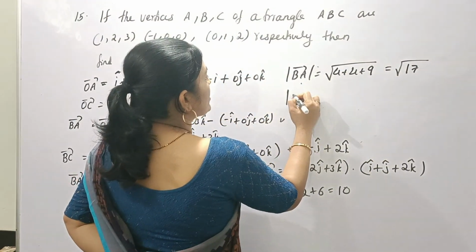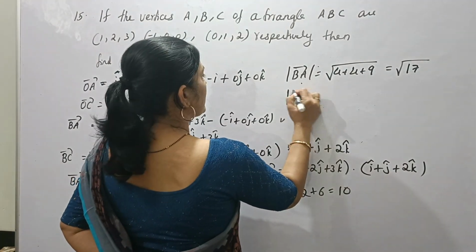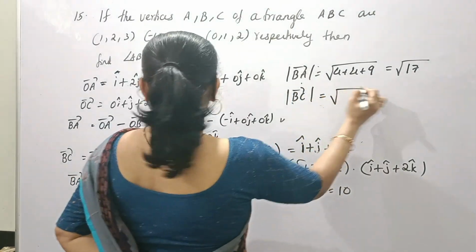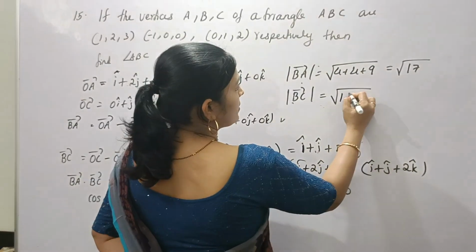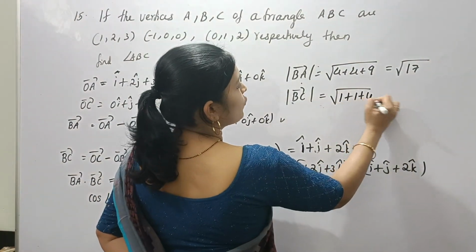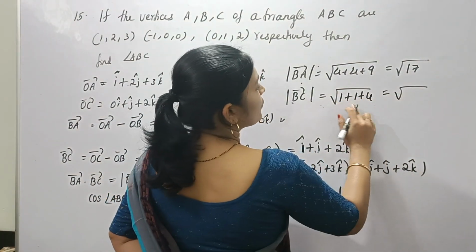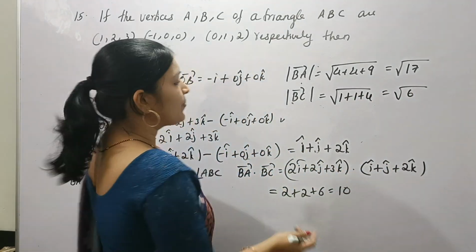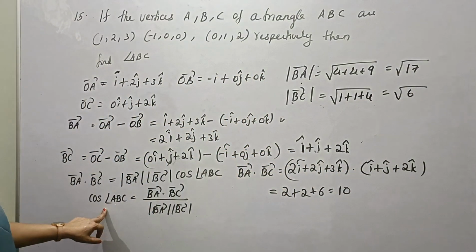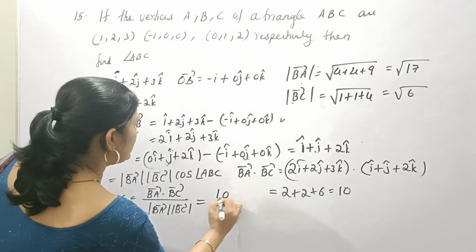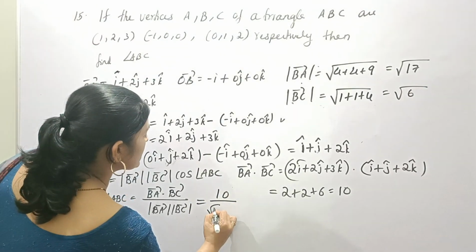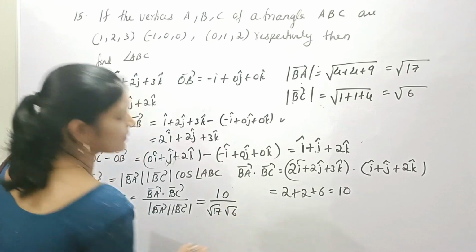Next, modulus of vector BC is equal to square root of 1 plus 1 plus 4, that is square root of 6. Okay. Therefore, cos of angle ABC is equal to 10 divided by root 17 into root 6.